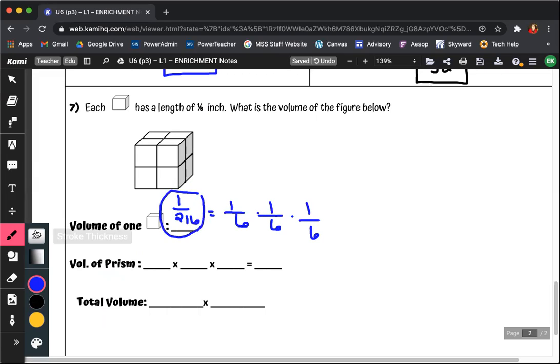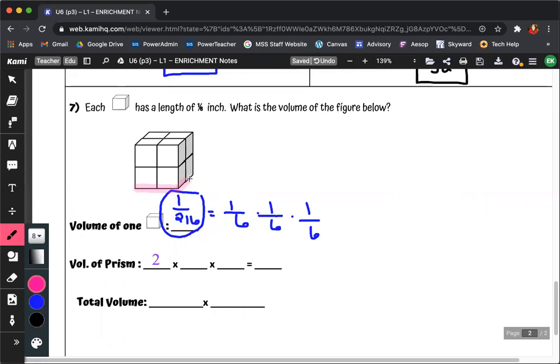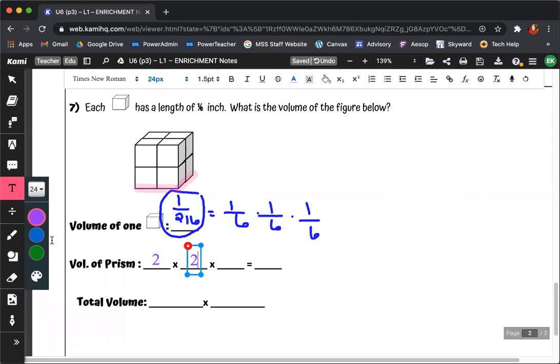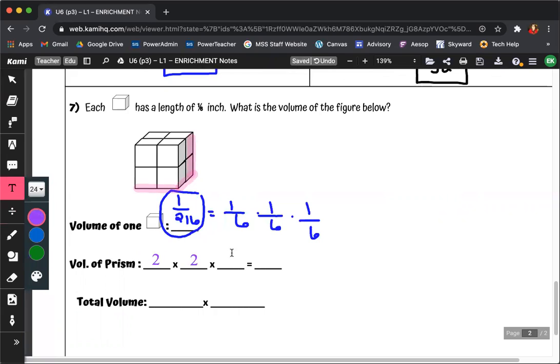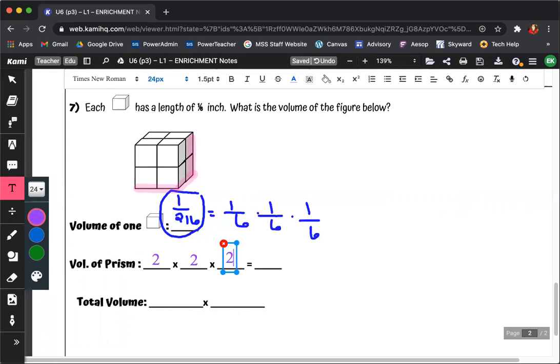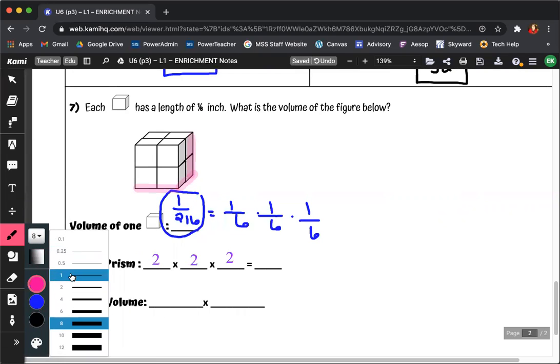The volume of the prism, we're going to look at these different side lengths. We have 1, 2 for the length. We have 1, 2 for the width. And we have 1, 2 for the height. So 2 times 2 times 2 is 8.